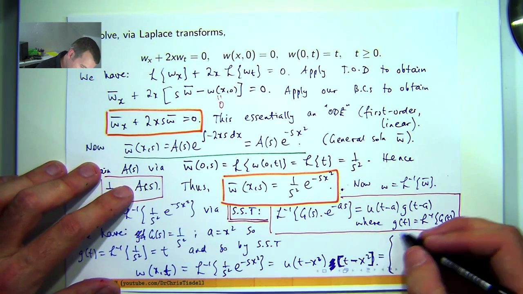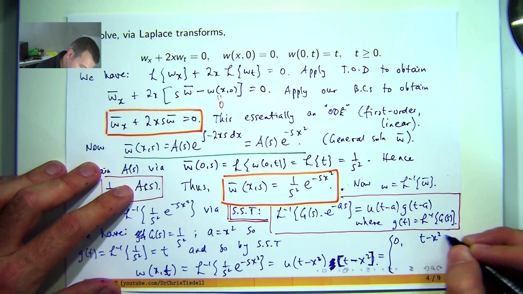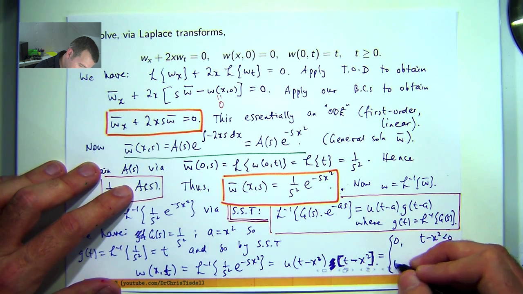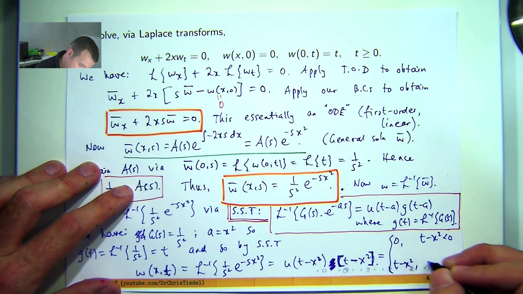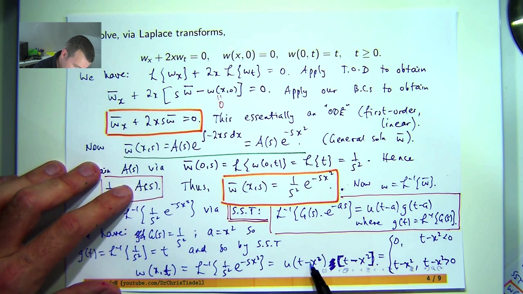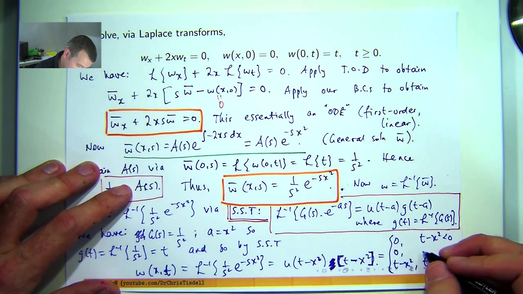Okay, so this will be 0 when t minus x squared is less than 0. It'll be 1 times this when t minus x squared is greater than 0. And what happens when t minus x squared equals 0? Well, in my videos I define this to be a half. But it doesn't really matter because that's going to be 0 anyway. So you get a half times 0. So it's just 0.